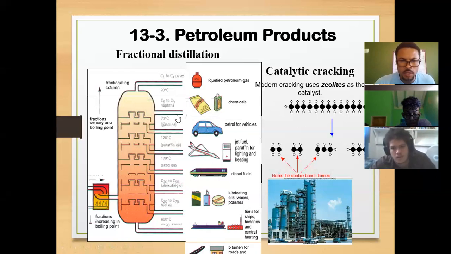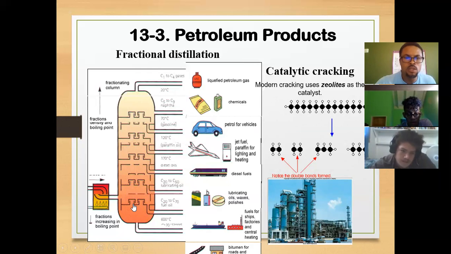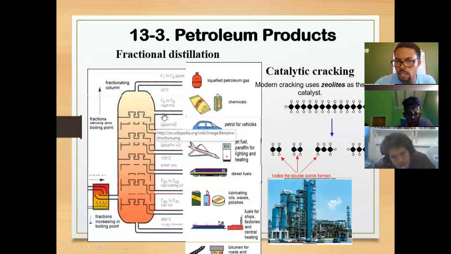The others that have higher boiling points are going to condense at different points within the fractionating column, because within the fractionating column, the air is cool at the top, but the temperature is greatest at the bottom. So if you notice here, we have C5 to C9, which is naphtha. These fractions of hydrocarbons are going to condense and be collected at these levels.